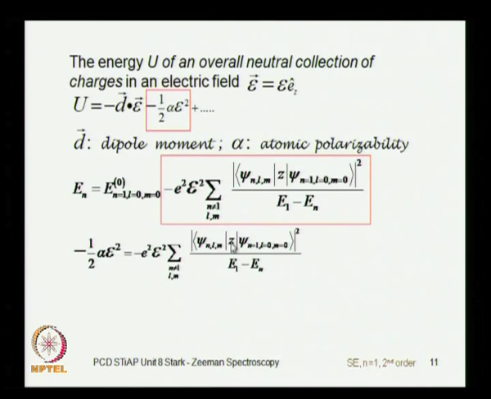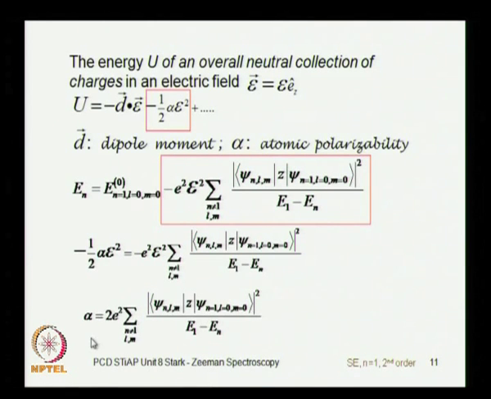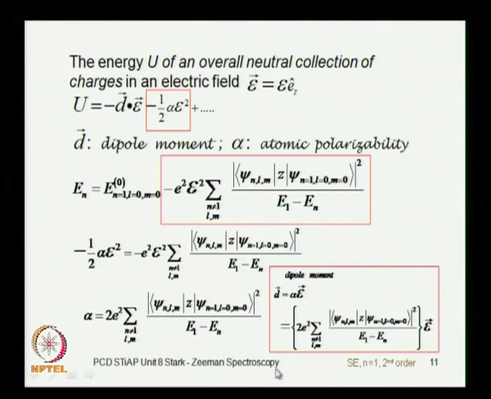You can equate these two terms and you find that the atomic polarizability is given by the summation term that we just discussed. Okay? From this you can also get the dipole moment, because it is proportional to the electric intensity through the atomic polarizability.